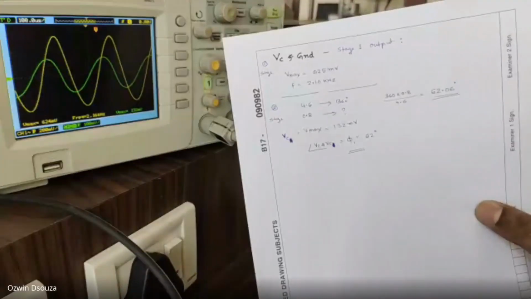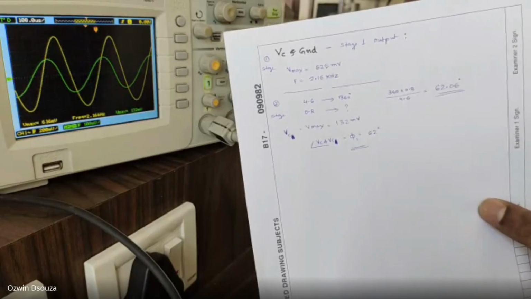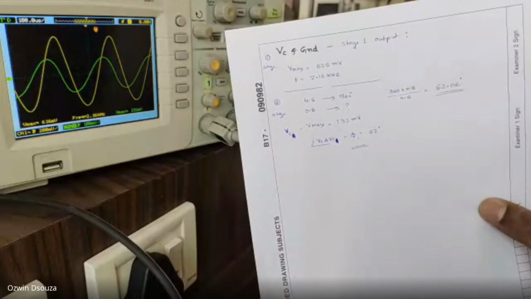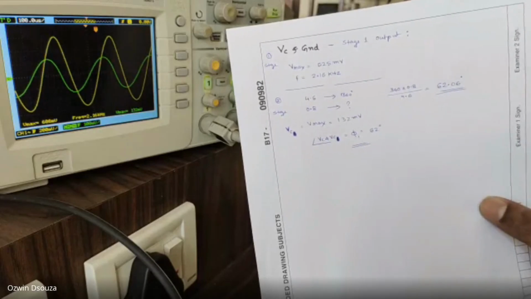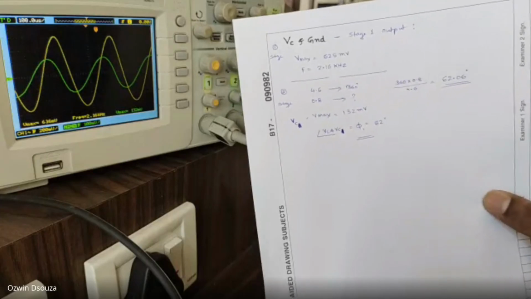Stage 2 output, that is my green output, has a maximum value of 132 millivolts. So the angle between the yellow waveform, which is VC, and the green waveform, which is VC1, is 62 degrees. This is how I am supposed to furnish my results.